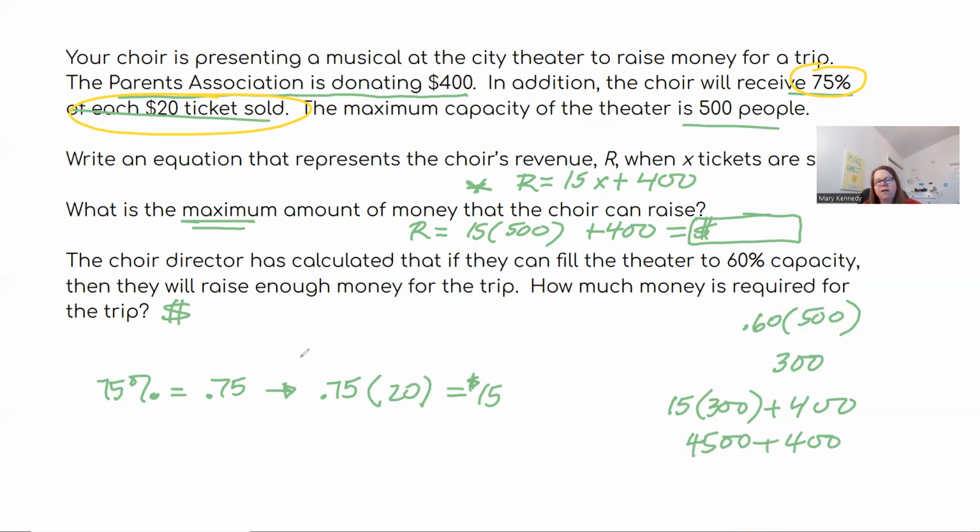So that would give us 4,900 that we would raise if we were at 60% capacity. So that must be the amount, or close to it, right? Well, it doesn't say estimated. It says the choir director calculated it. So how much money is required for the trip? Yeah, the 4,900 makes sense.